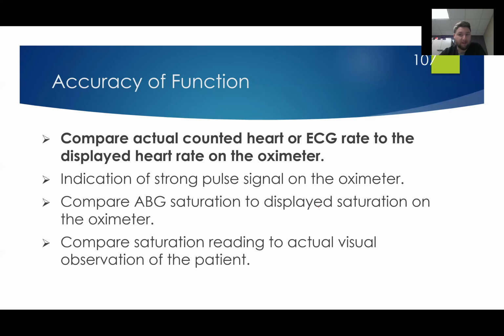You need to compare the two, because if the heart rate is different on your pulse ox than it really is in real life, it's not accurate. You cannot rely on that reading. So if your pulse ox says the heart rate is 75, but the EKG or the pulse that you take is in the 90s, something ain't right. Your pulse ox is not accurate and you cannot use that.